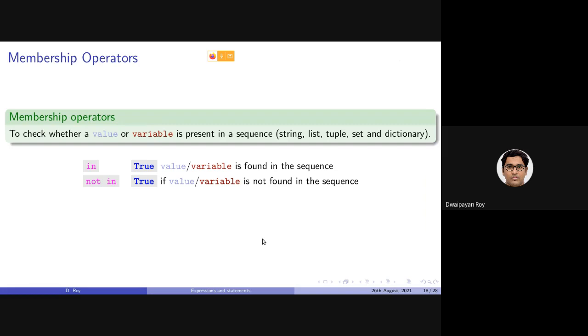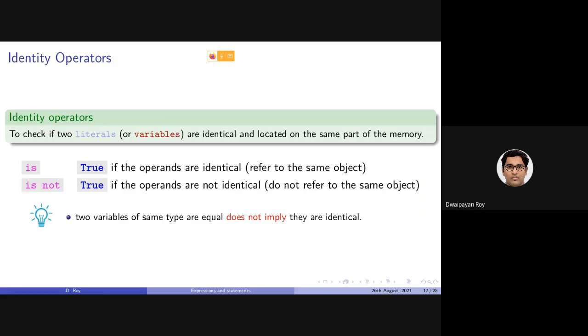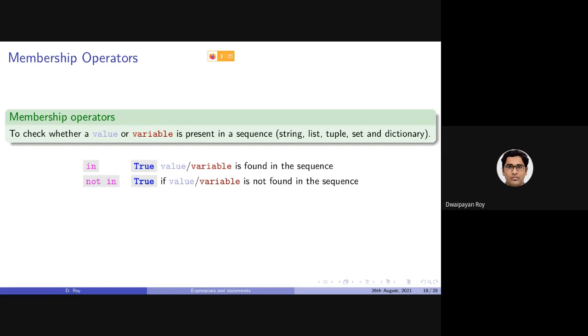The last type of operator, the membership operator, will again be a very useful one. Like the identity operator, there are two membership operators, in and not in. In will be true if some value or variable is found in a sequence, and not in will be true if some value or variable is not found in a sequence.